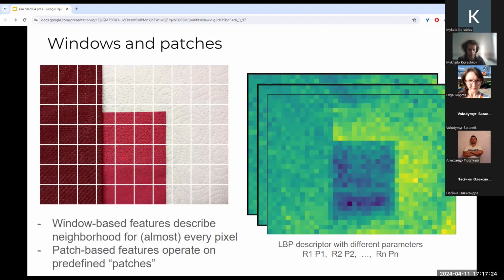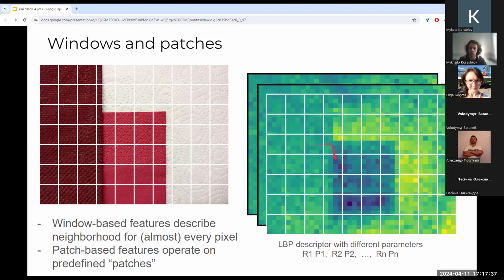To do so, we can calculate a bunch of different LBP codes, that is, with different parameters, with different radii, with different number of points. And then calculate a histogram for each LBP descriptor across each so-called patch or image tile.